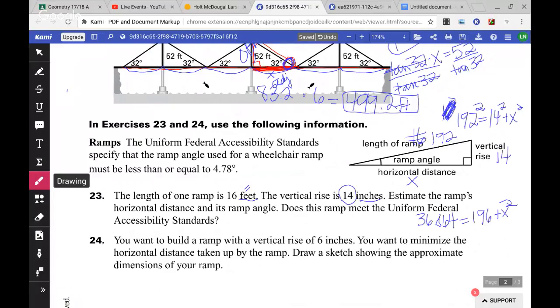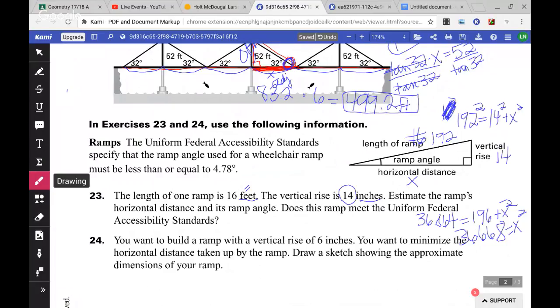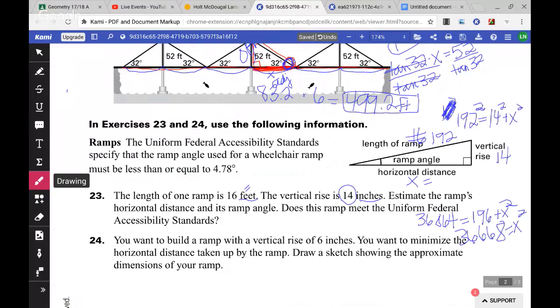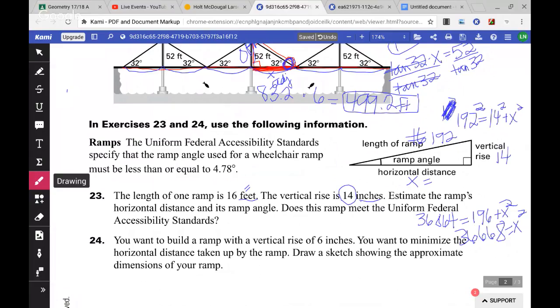Just do minus 196. That gives 36,668. And then do the square root of that. It's 191.5.